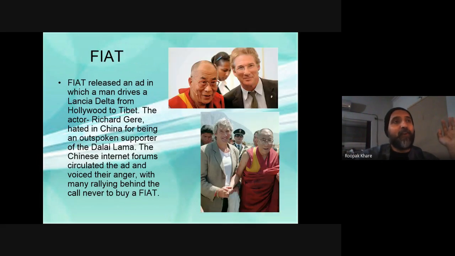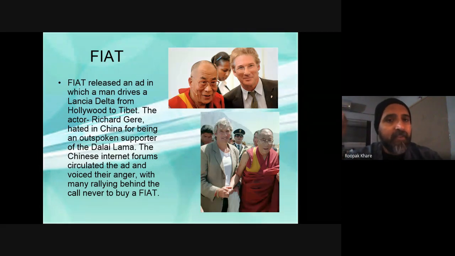Fiat. Now, Fiat is another company which manufactures cars, a very old, very established company. They released an advertisement in which a man was driving a Lancia Delta from Hollywood to Tibet, right?